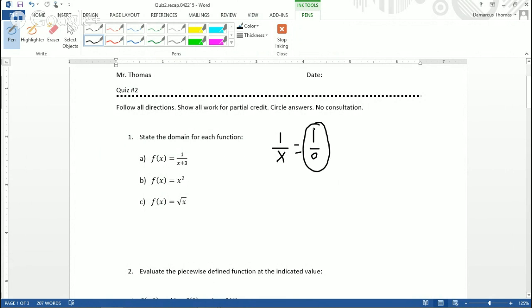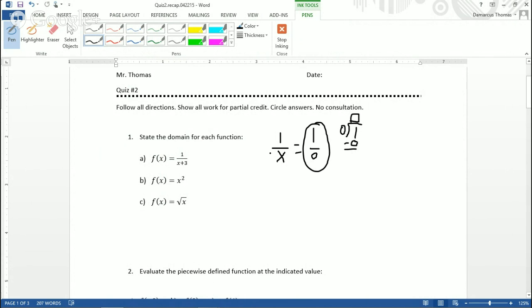It has no value. The value is just undefined. If you try to divide by 0, it's an undefined expression.